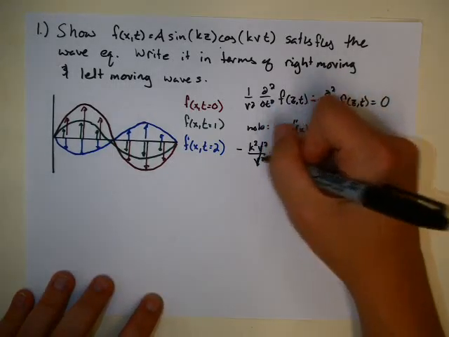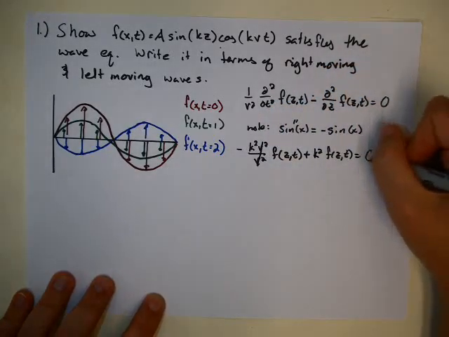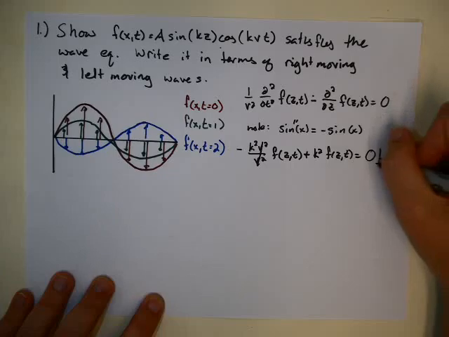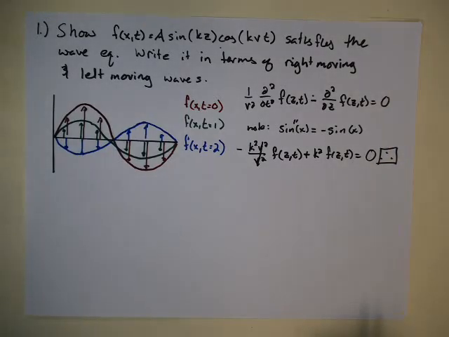Well, notice what I have here: a minus k squared f plus k squared f. This equals 0. So, therefore, it is proven. QED, quod erat demonstrandum. Okay, now let's move on.